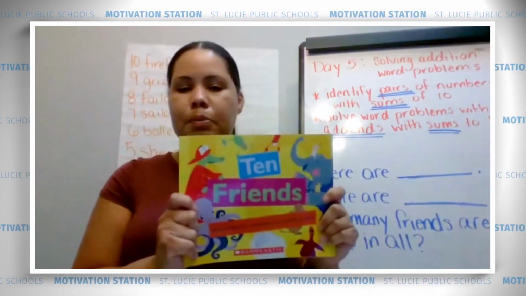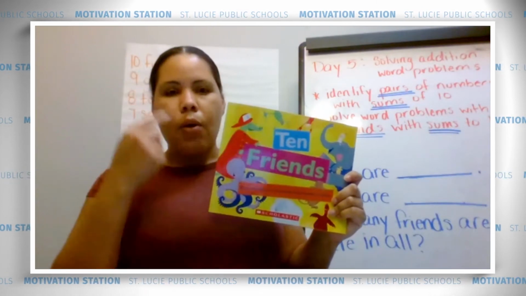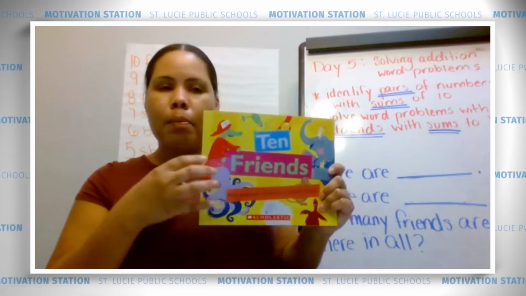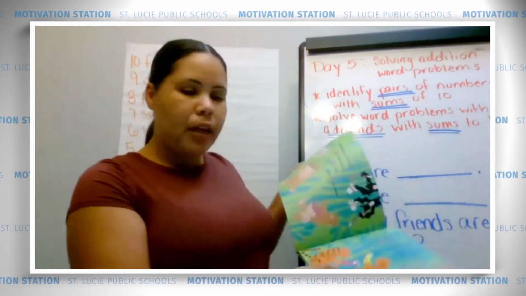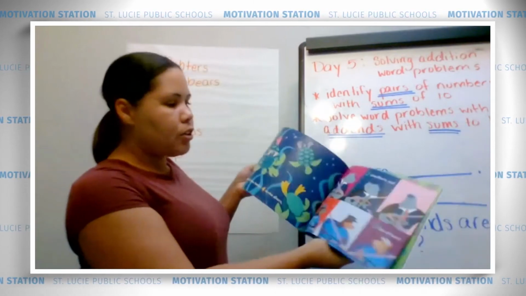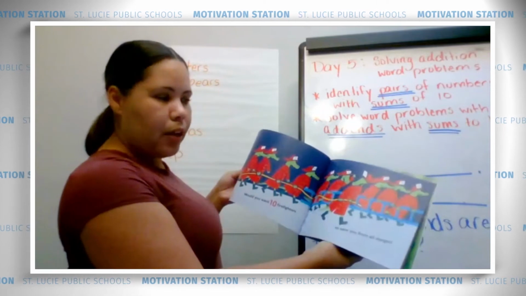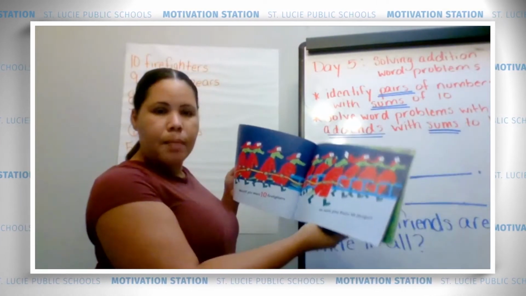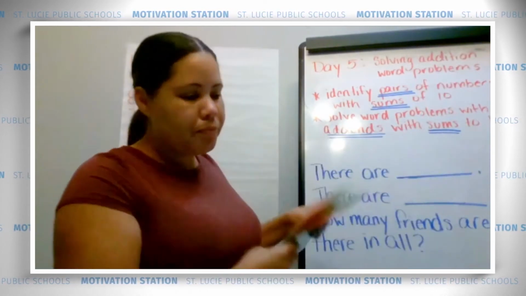We read this book, 10 Friends, and we used our ears to listen, our eyes to see the pictures, and our thoughts to also help us visualize what was happening in the story as our characters came together. How were the amounts coming together? We used our eyes and our listening skills and our thinking to visualize what was in the story.